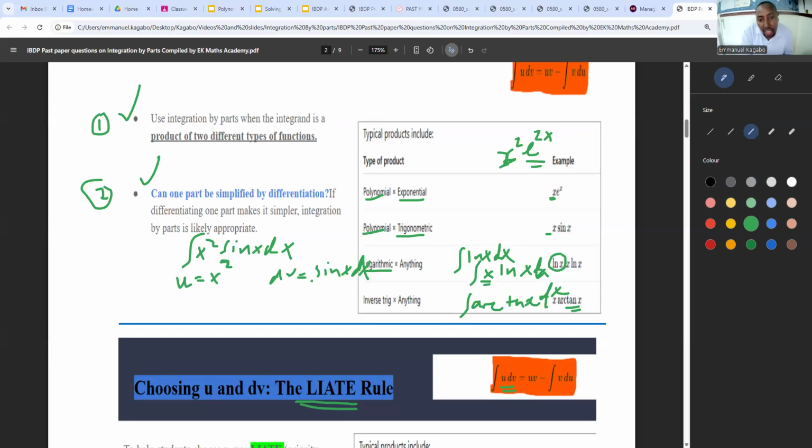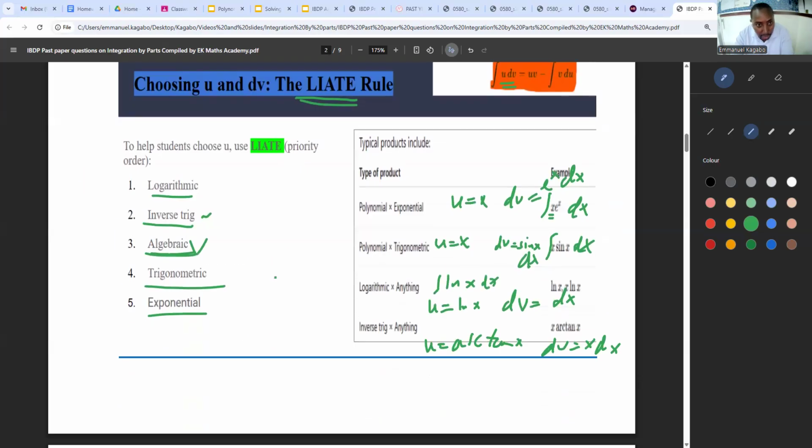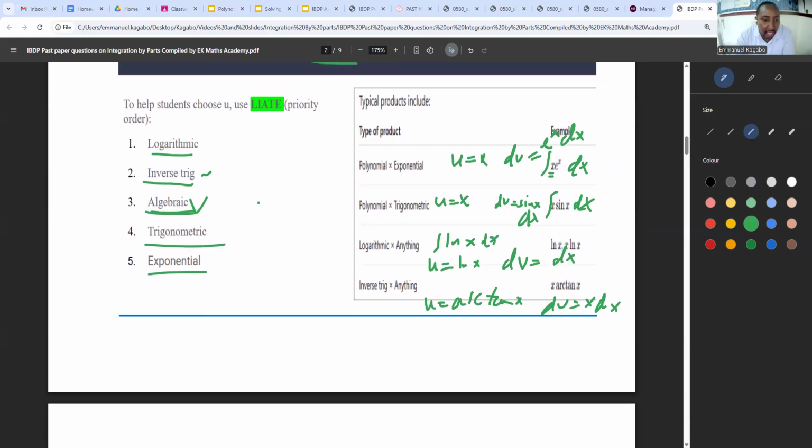Integration of sin x is negative cos x. Integration of cos x is sin x. So it's easier to integrate. Is that okay? Very good. Easier to integrate is dv. Easier to differentiate is your u. And if you use LIATE, you're going to get it very well without making any mistake.